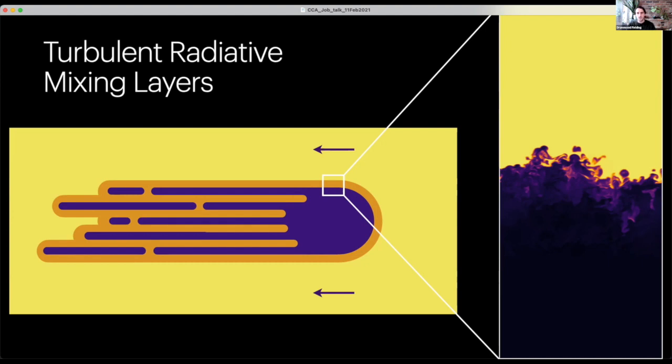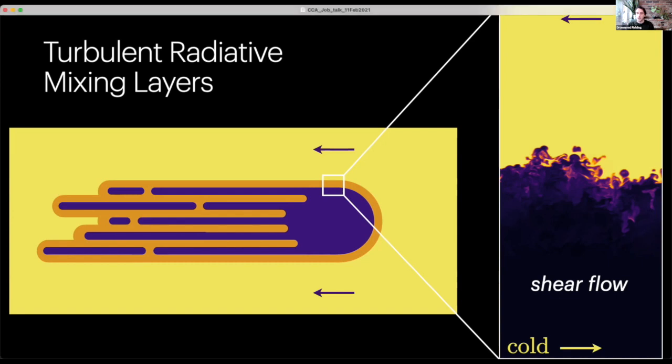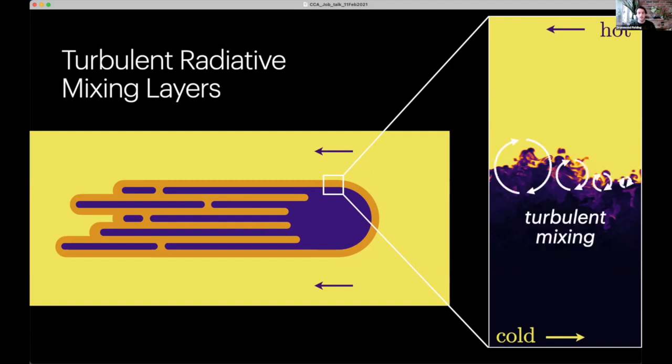And so when we look at this shear flow, we have a shear flow between the hot and the cold phase. And that is, of course, unstable to the Kelvin-Helmholtz instability, which gives way to turbulence. And that turbulence leads to mixing. And that mixing, as I said, populates the intermediate temperature regime, which can cool like crazy.